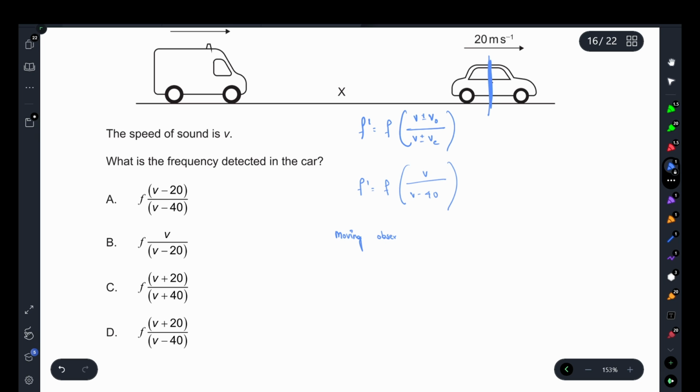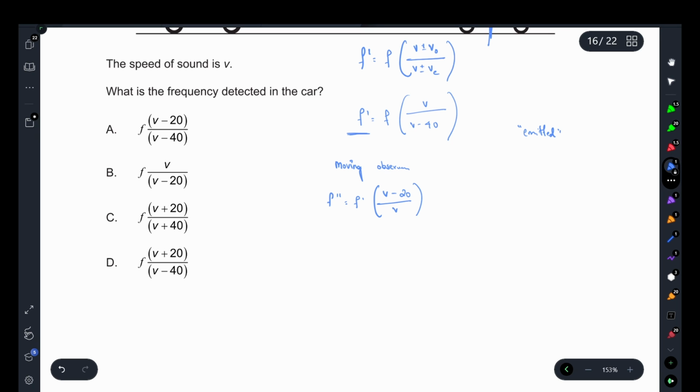Let's say that the frequency that's now being heard is f dash. So let's call this f double dash, which is equal to f dash times v minus 20 by v.